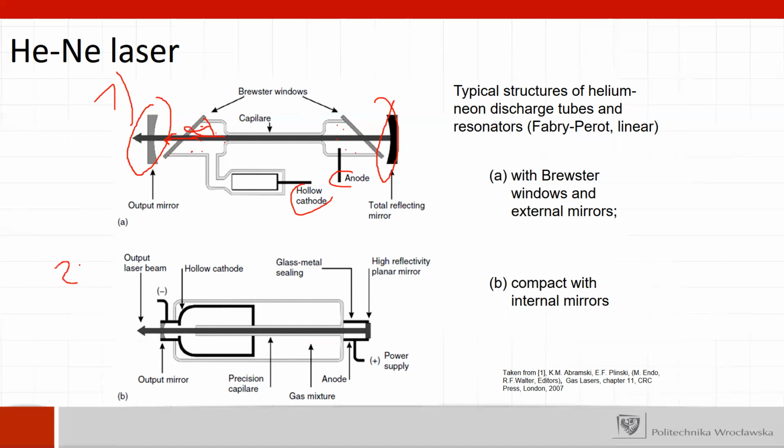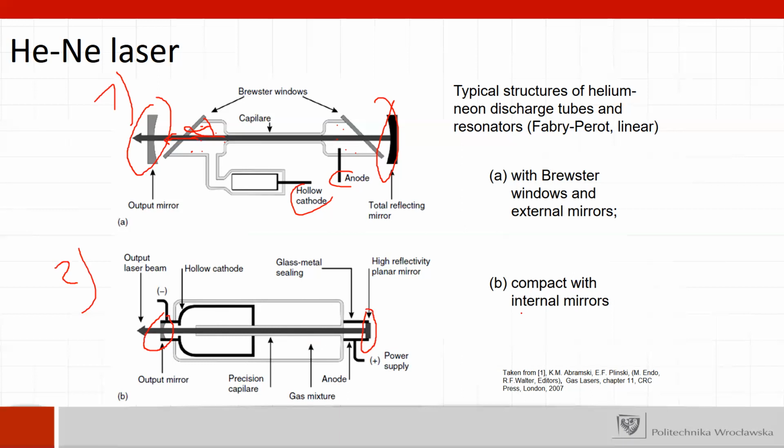We can also have a compact construction of the helium neon laser where the mirrors are directly glued, for example, to the capillary. So they are directly mounted on both ends of the capillary. Here we don't have to align anything.